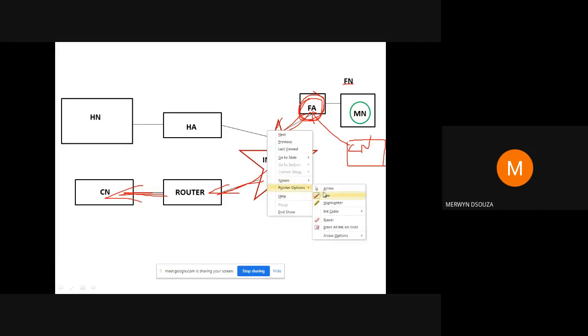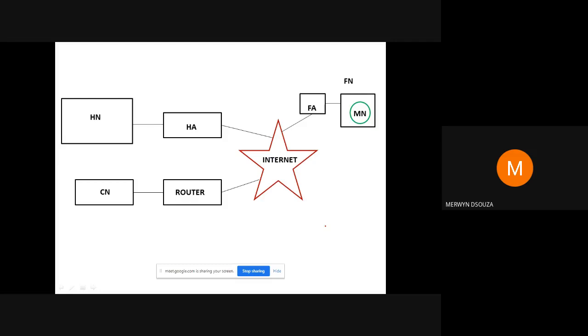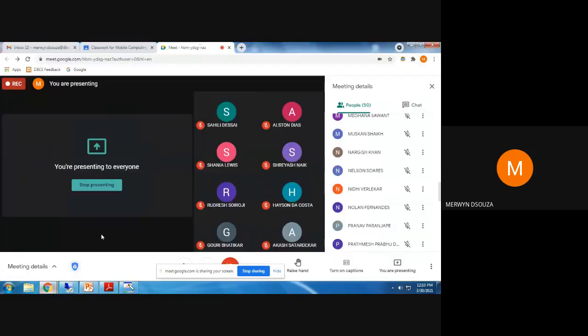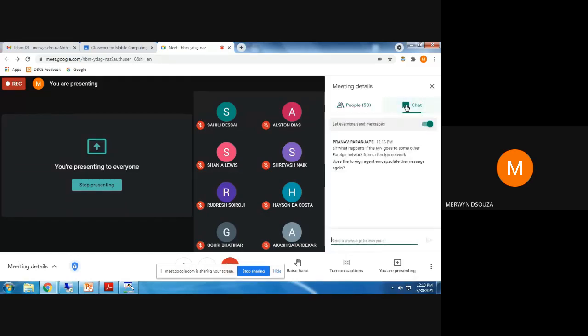Okay, is it clear how it works? This is the packet delivery system that we had discussed in the previous lecture. So I'll just pause for a second and let me know if you are having any doubts. Okay, yeah, I'll reply to you, Pranav.